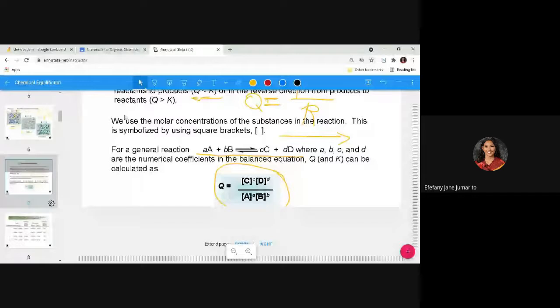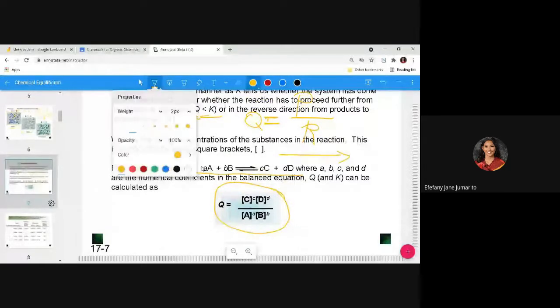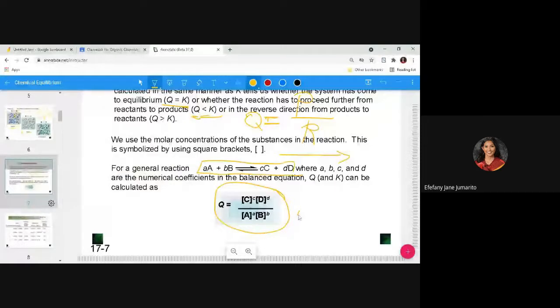If we have this reaction, this will be our reaction quotient. Any questions? None? Okay, let's proceed.